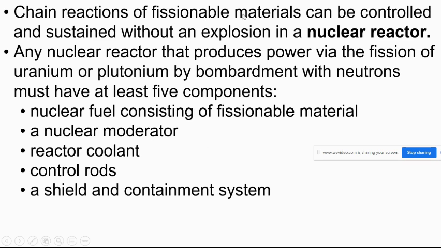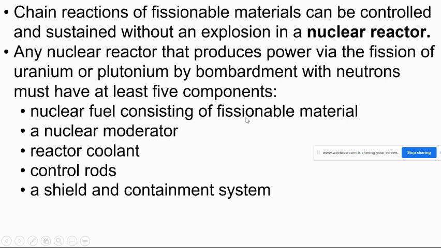Chain reactions of fissionable materials can be controlled and sustained without an explosion in a nuclear reactor. And there's nuclear reactors. We have a couple here in Wisconsin. There's several down in Illinois. And these reactors produce power through this fission process. We're going to bombard uranium and plutonium, and we have to have at least these 5 components.